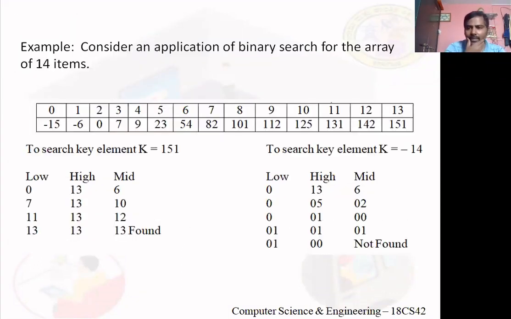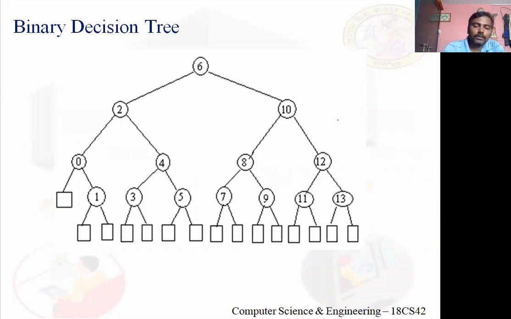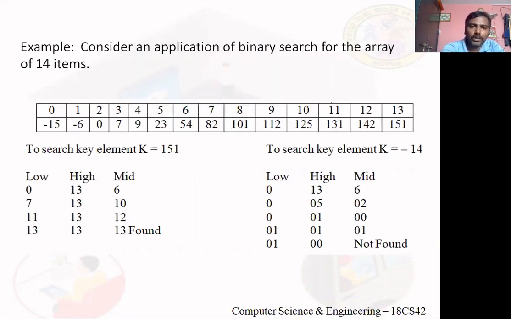suppose I want to locate the element minus 14, an unsuccessful search, right? Minus 14 is between minus 15 and minus 6, that is, between index 0 and index 1.